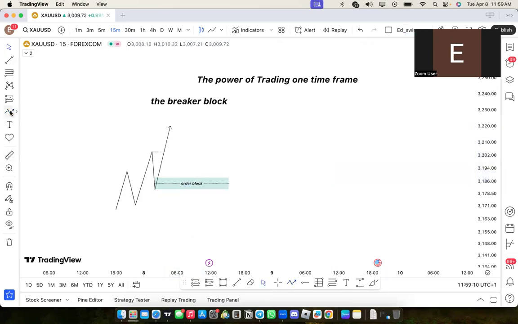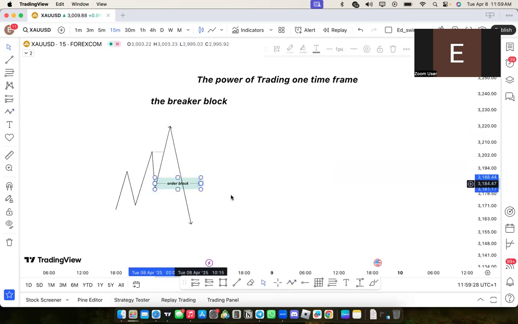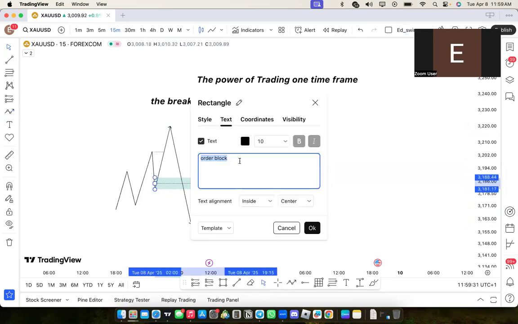But what if we get price coming to our zone and then rapidly taking out the order block? Now, when we have something like this is now a scenario where an order block has failed, and we term this particular level, this particular demand level now, a breaker block. So I'm going to say this, an order block, right?